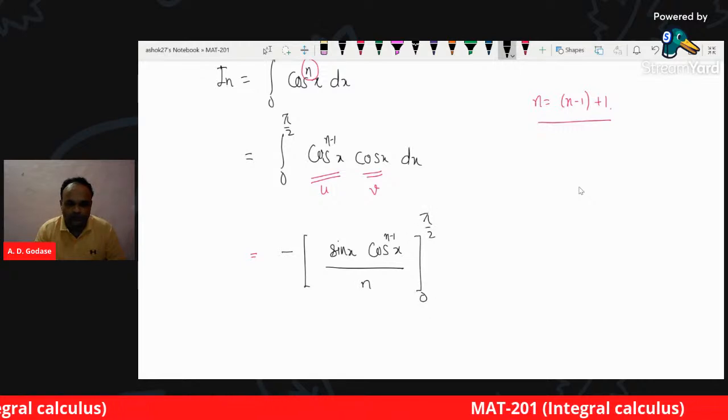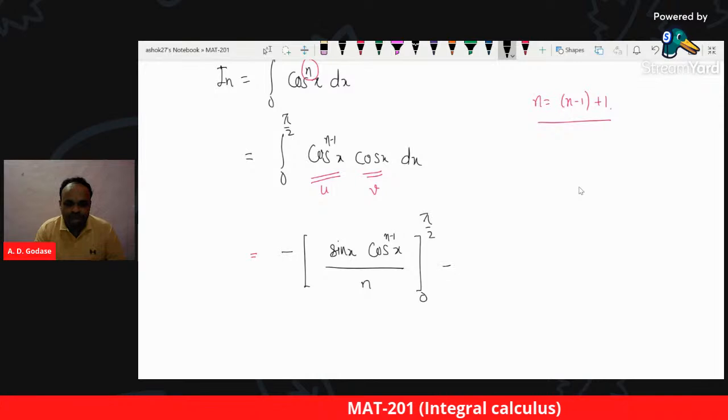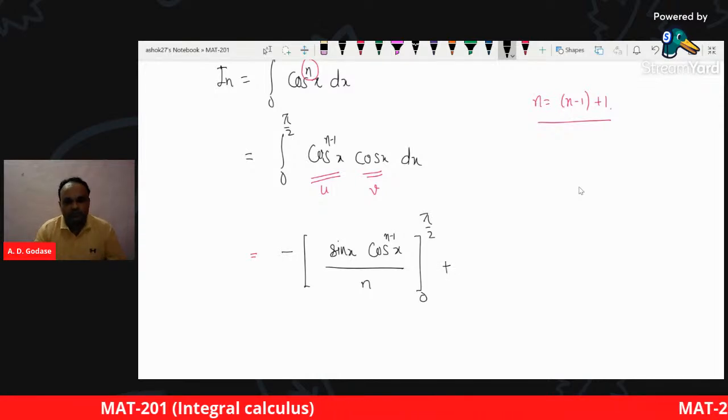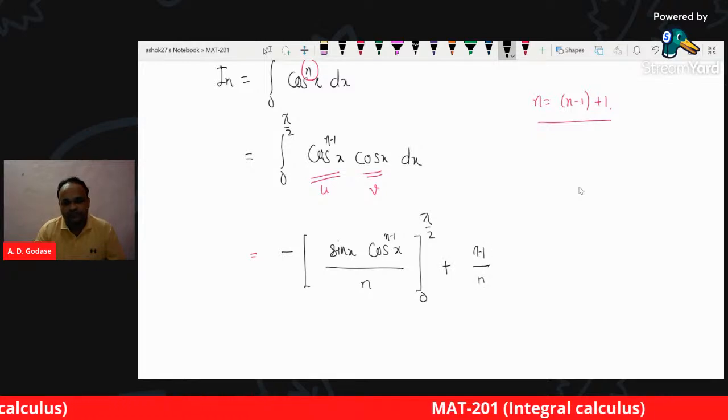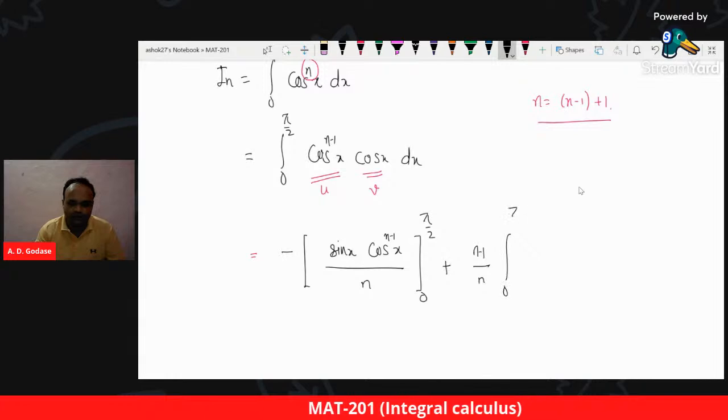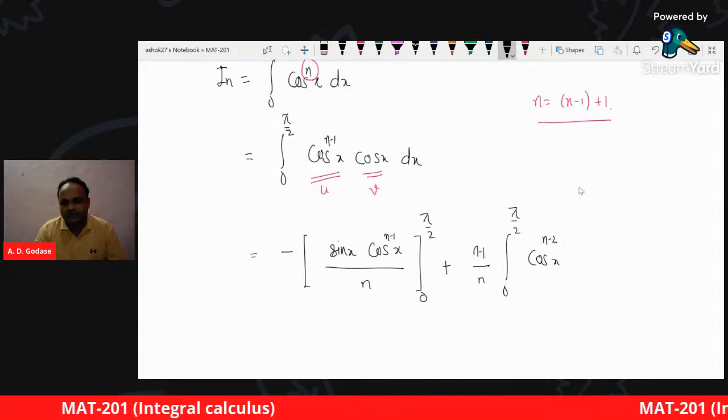Plus, already we have seen this reduction formula, so directly you can write n minus 1 divided by n times the integration from 0 to pi by 2 of cos raised to n minus 2 x dx.